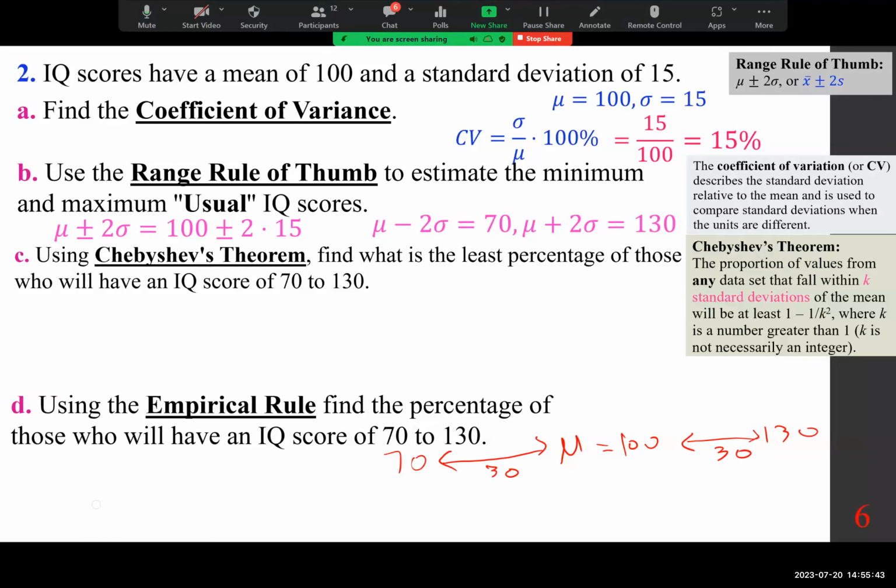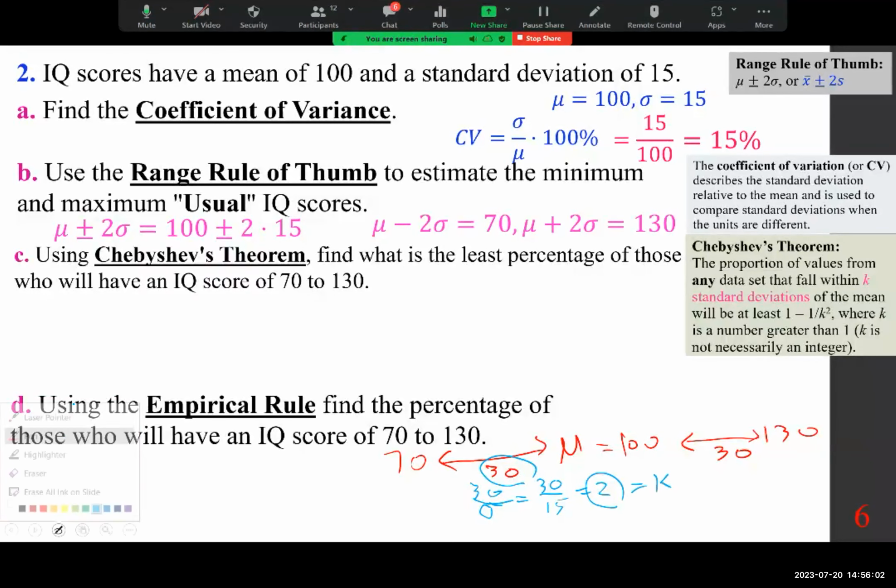That's really the key. Just 30 alone doesn't mean anything. So when you divide this by sigma, that gives you 2. This is the value of K, the number of standard deviations. That's what that K means: how many standard deviations away from the mean. So K is 2.